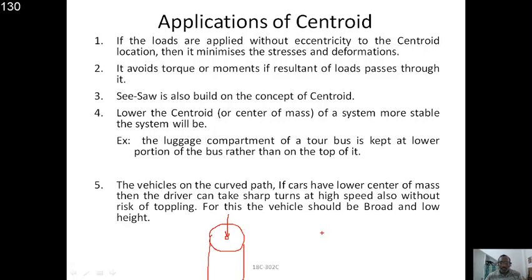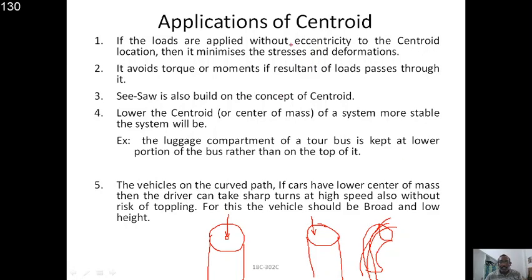If for the same member I apply the load somewhere other than the center, say here, then it will bend like this. Due to bending, it is also subjected to bending moments, so it easily deforms, then deforms further and further, and more stresses are induced.